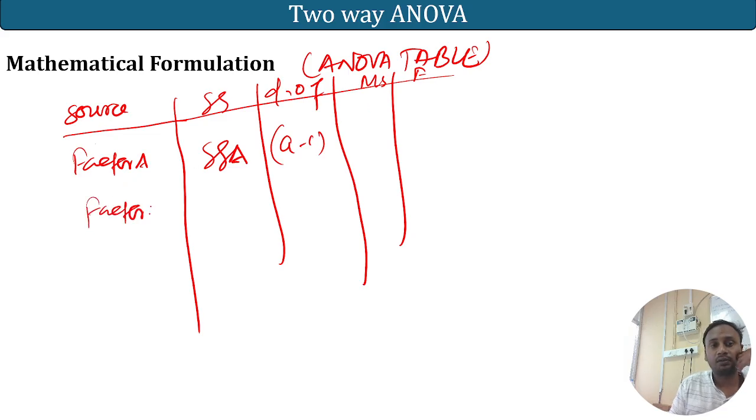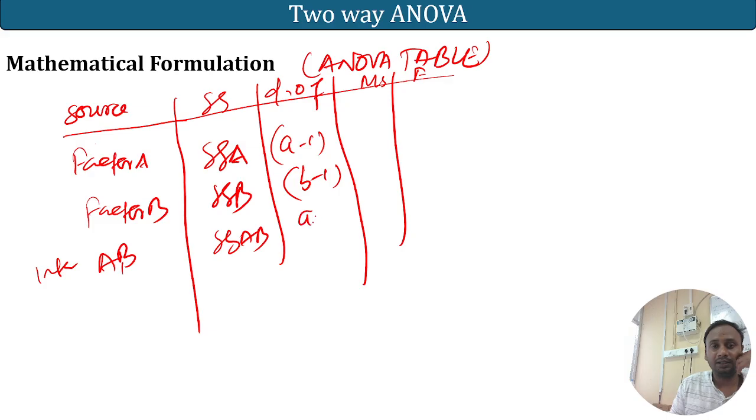Factor B will be SSB with B minus 1. Then we have the interaction, called SSAB, with A minus 1 into B minus 1. Then we have the error, SSE, with AB into n minus 1.